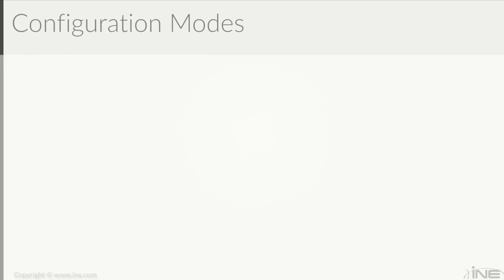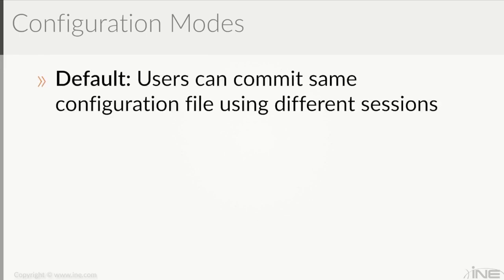Now, there are different configuration modes, and this is a follow-up topic to the previous one. The default configuration mode is the one in which users can commit the same configuration file using different sessions. What does it mean? It means Peter is modifying the Juniper device configuration, I don't know, via console.